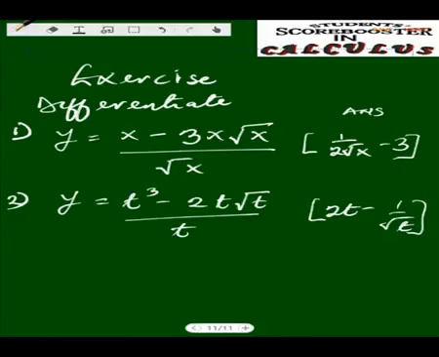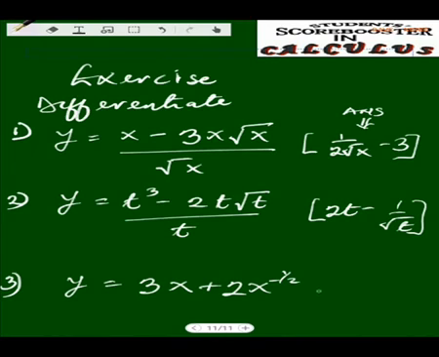Then number 3: y equals 3x plus 2x raised to the power 1 over 2. Most likely you're going to get 3 minus x raised to the power minus 3 over 2.